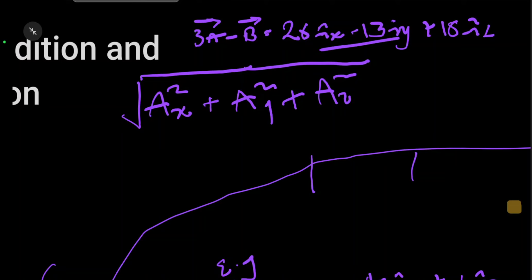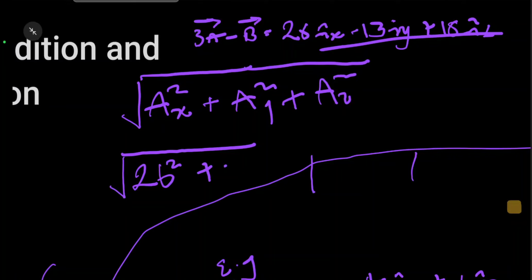So in this vector here, we have our ax as 26 squared plus, should be minus, sorry, minus 13 squared plus 18 squared.